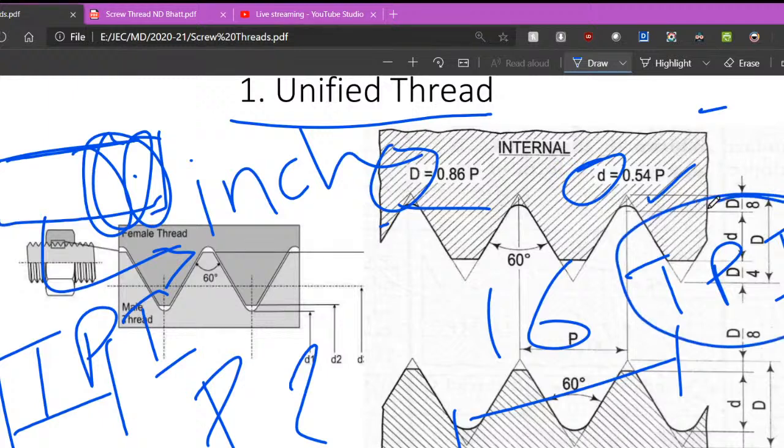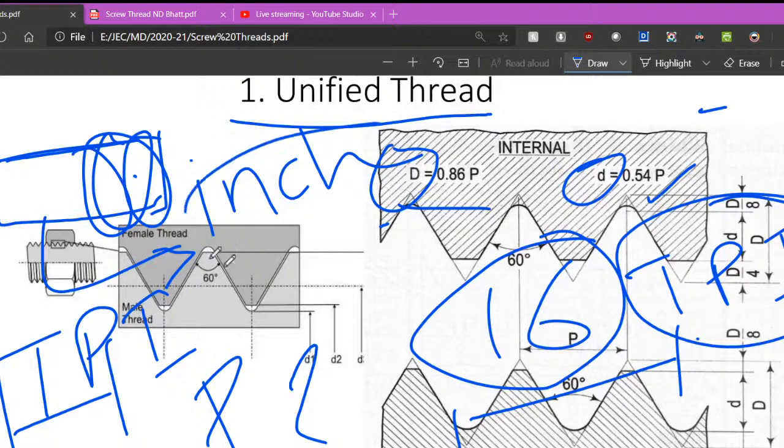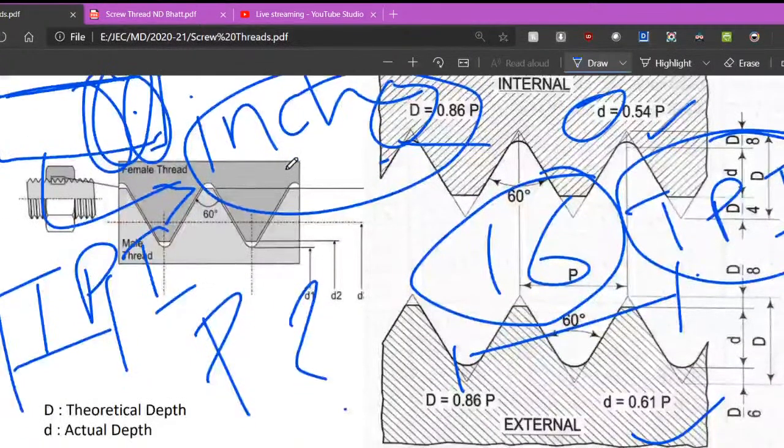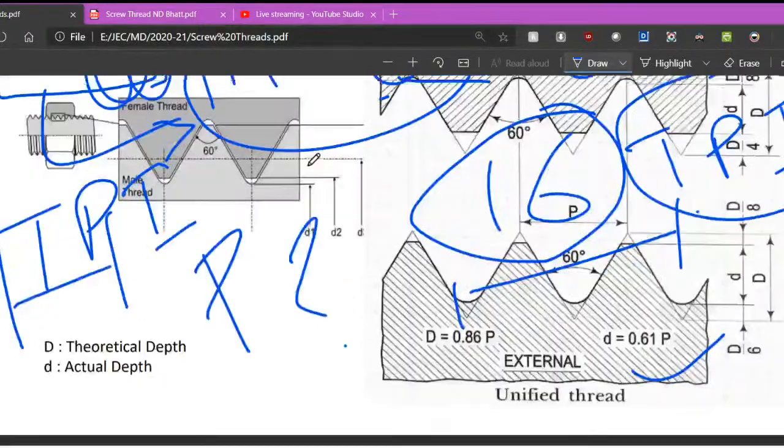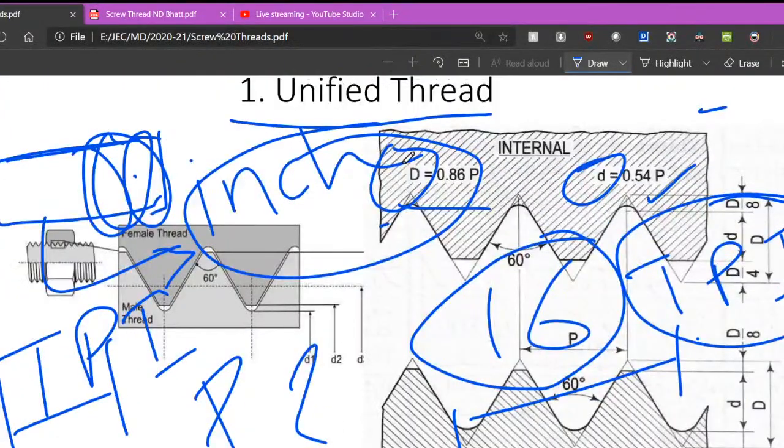We don't need to write TPI, because when we are using unified, 16 automatically becomes threads per inch, because it is only used in the inch system. The question is the same, how to get the value of P so that we can get all the dimensions, because capital D, small d are dependent on P, and these cut-offs d by 8, d by 6 are all dependent on D and P.